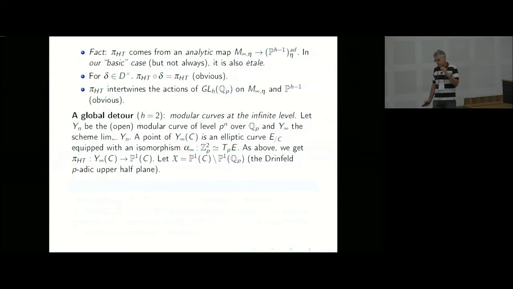So you can think of the deformation space of this formal group, which is a one-dimensional open disk now, as sitting in the modular curve as a rigid analytic open disk, as a residue disk of this supersingular elliptic curve.